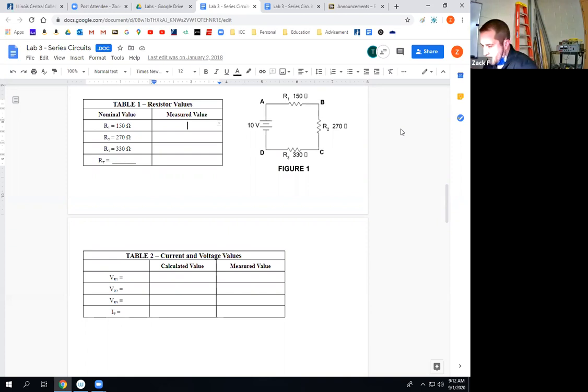All right. Well, if you need me to show you how to get set up for resistance on your bench meter, let me know. Otherwise, I'm just going to assume that you are with me. All right.